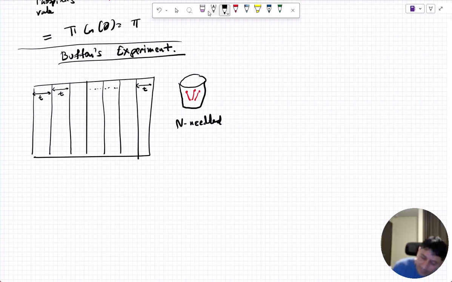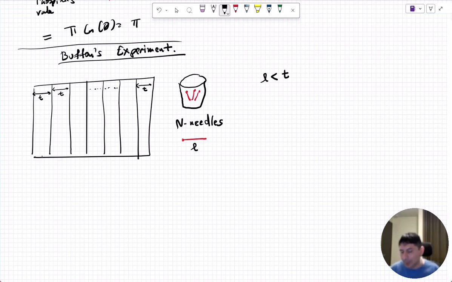A needle is going to have a length L, right? And we're going to assume that L is less than t. That is, the length of the needle is less than the spacing between the vertical lines on this piece of paper, right?